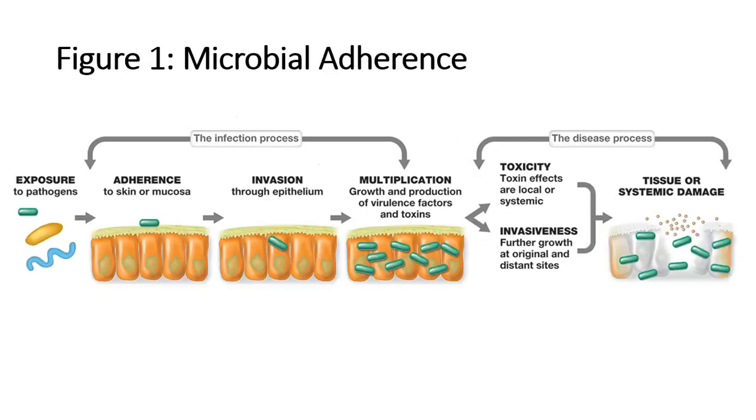All right. So what happens is you get this exposure. And this bacteria, you can see, it adheres to the skin or the mucosa, and it has this ability to tunnel through that epithelial layer. And then once it tunnels in, it can reproduce and grow and produces what we call virulence factors and toxins. And that's the infection process.